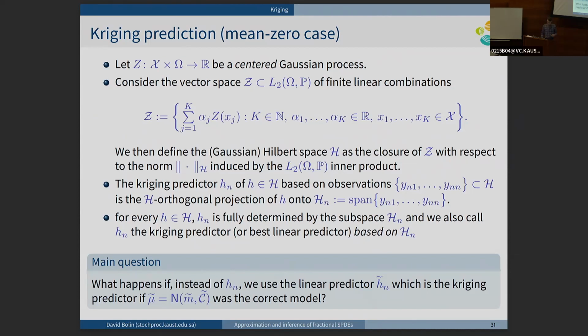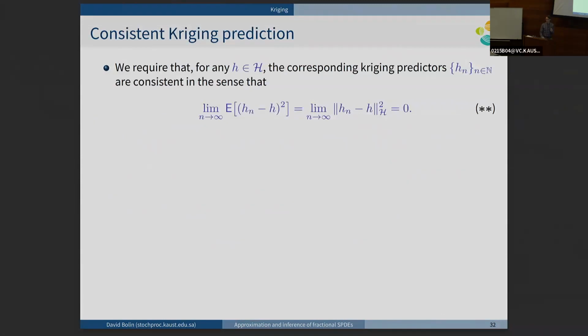To answer that, we want to look at this asymptotically, so we need to say something about how we get the data. The only thing that we will assume about the data is that the observations give consistent Kriging. So basically, we assume that when you get more data, the mean squared error goes to 0.